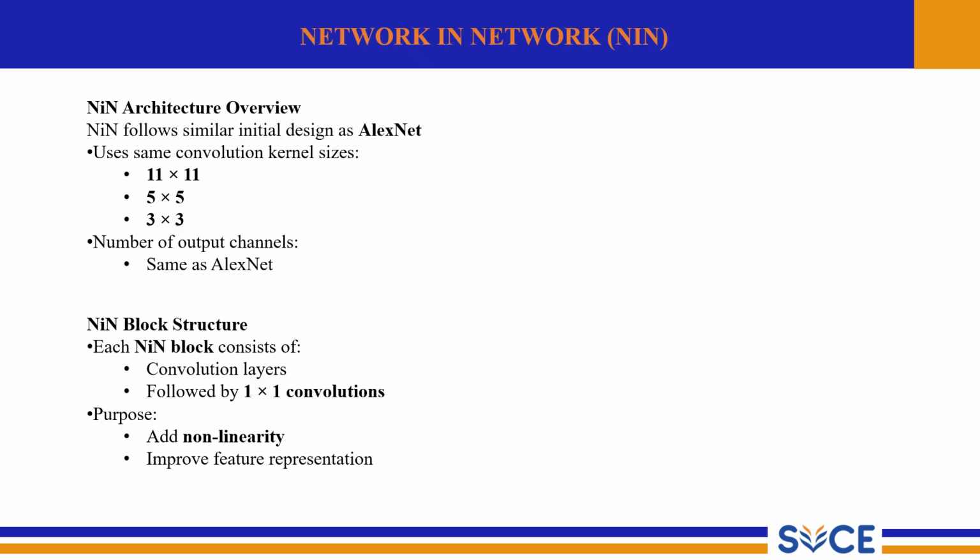So, NIN architecture overview. It begins with an architecture similar to AlexNet, especially in its earlier layers. It uses large convolutional kernels such as 11 by 11 in the first layer, followed by 5 by 5 and 3 by 3 kernels in the deeper layers. These varying kernel sizes help the network capture features at different levels.